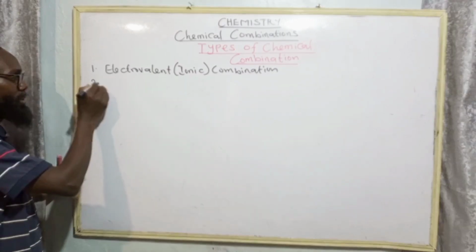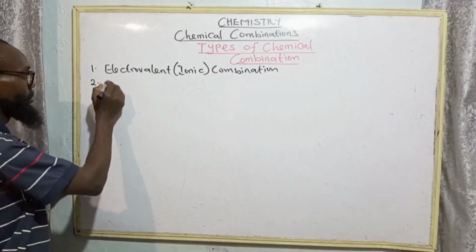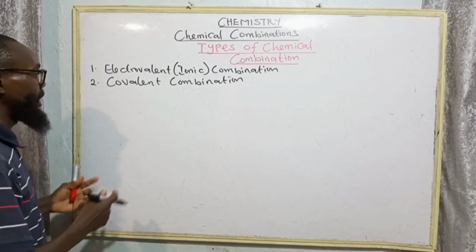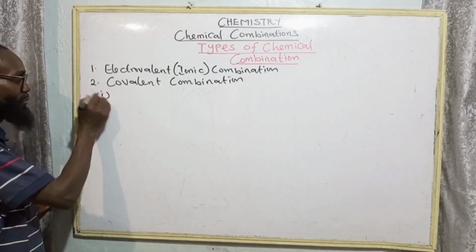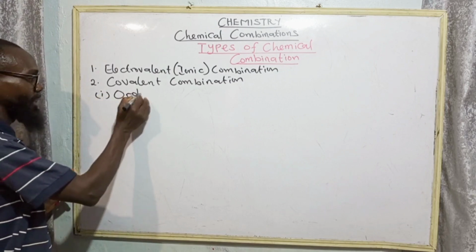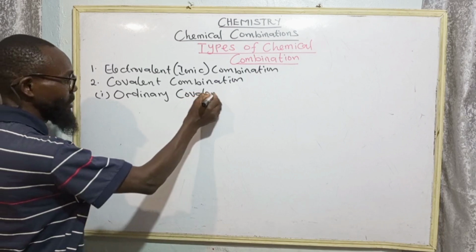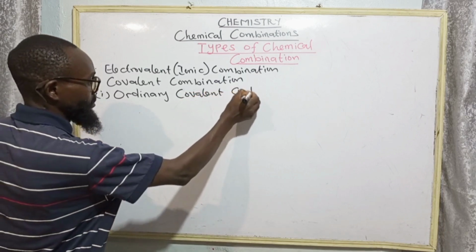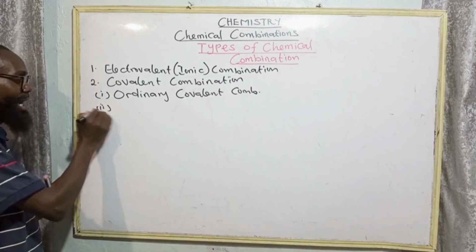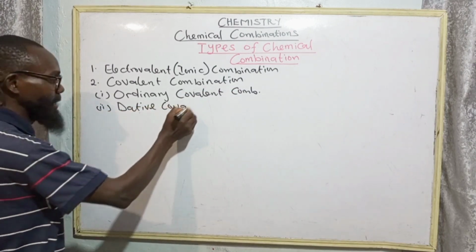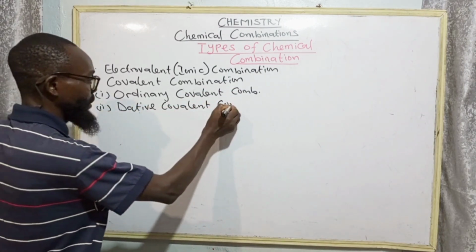The second one is covalent combination. Under covalent combination, we are going to have the first one called ordinary covalent combination. Then the second one, we have dative covalent combination.